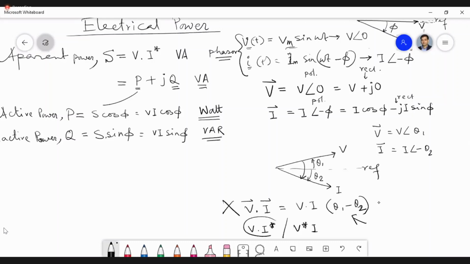But this is the more common definition. The other is another definition which is also used in power systems, but VI conjugate is more common. Is it clear?